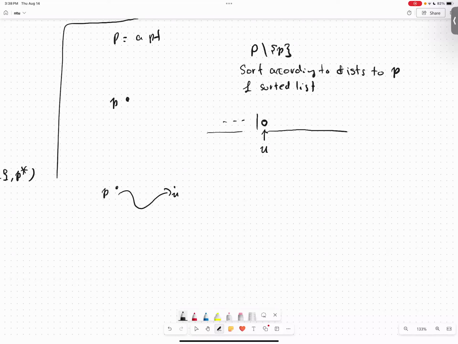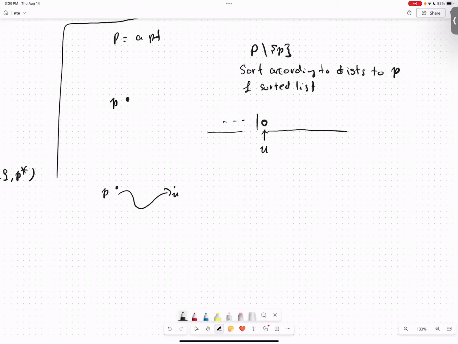And then you want to ask the next question. After you have already decided to keep this point U, maybe you are able to discard some other points that are much less interesting because of U. You see what I'm saying?